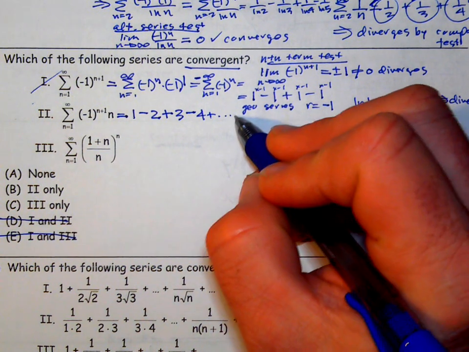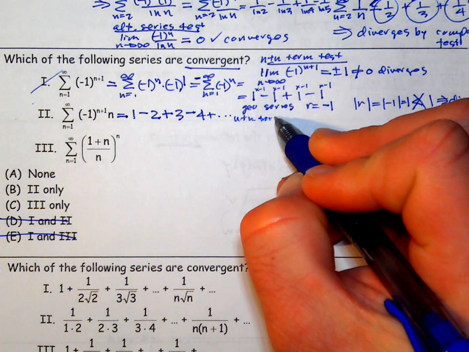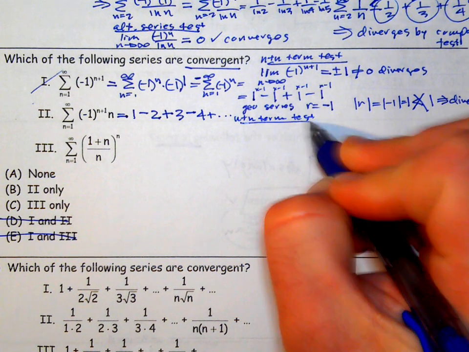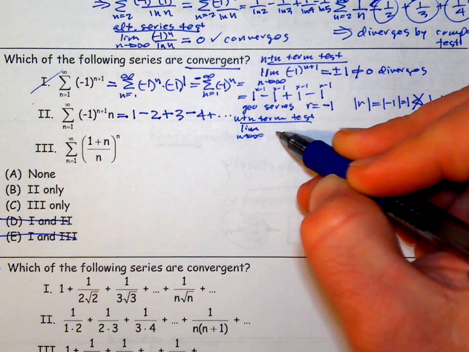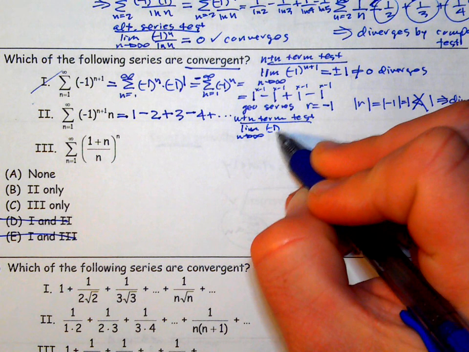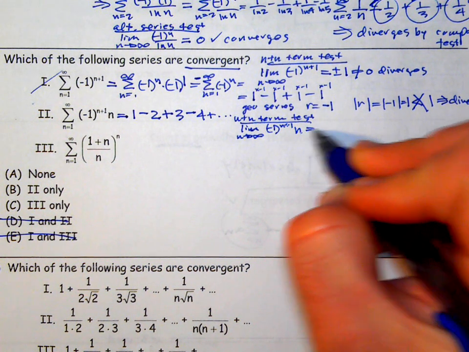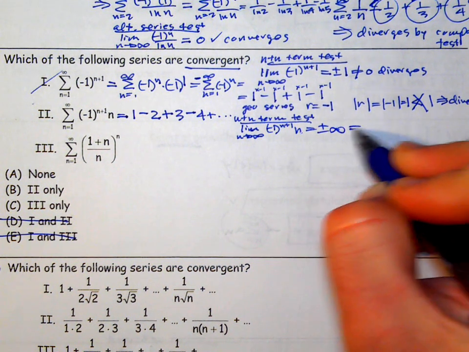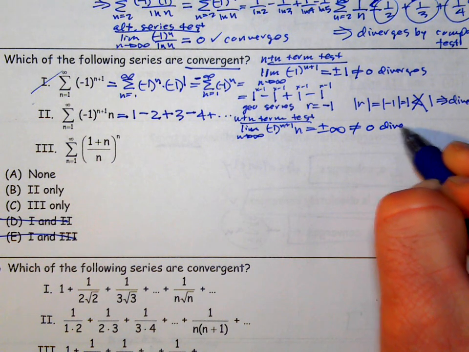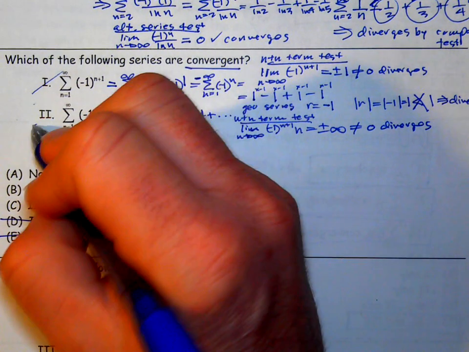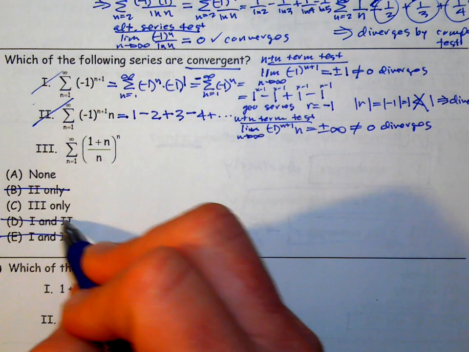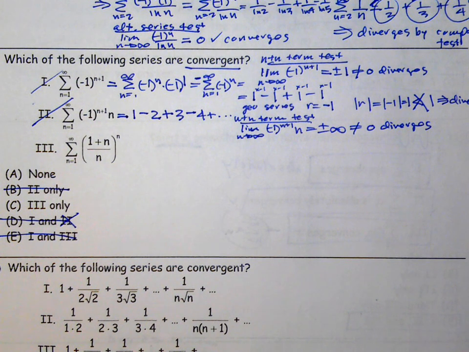So you could just do the nth term test: limit as n goes to infinity of (-1)^(n+1) times n, and it's going to go to plus or minus infinity, which is not equal to 0, so it diverges. So that one's out. So anything with 2 in it is now out. If you really had to guess, you could guess A or C, but let's see.